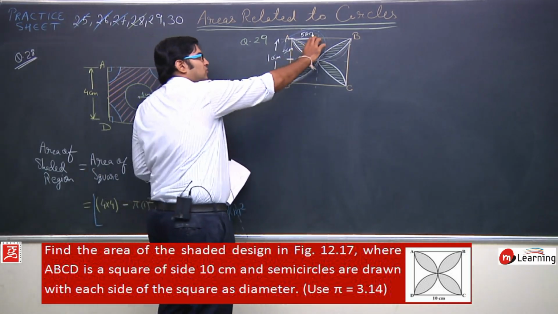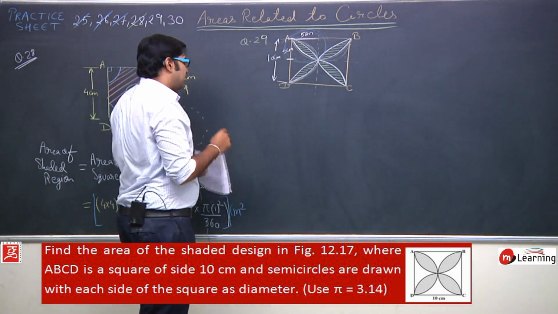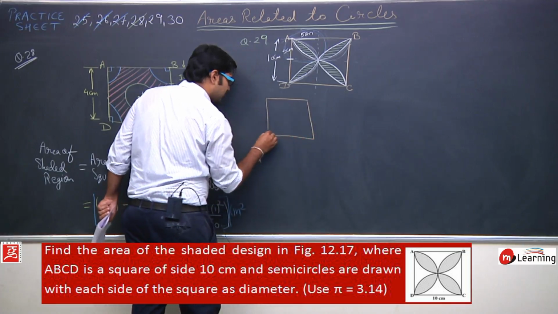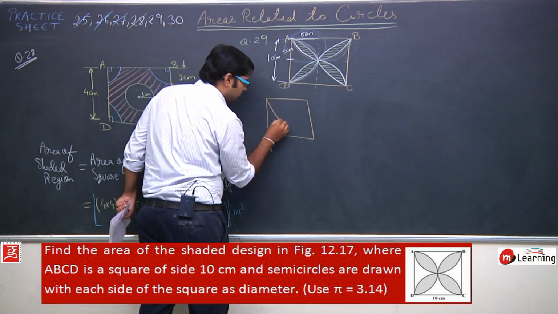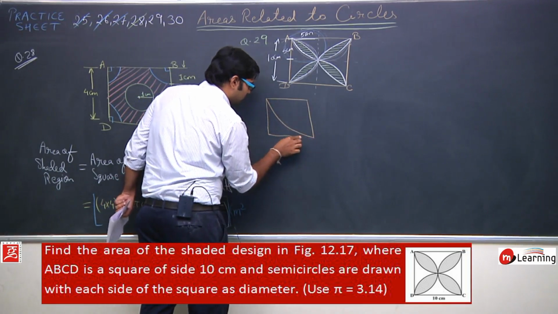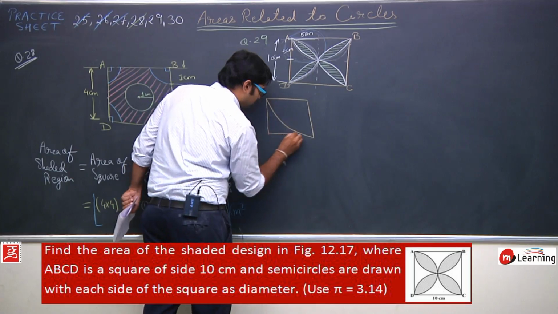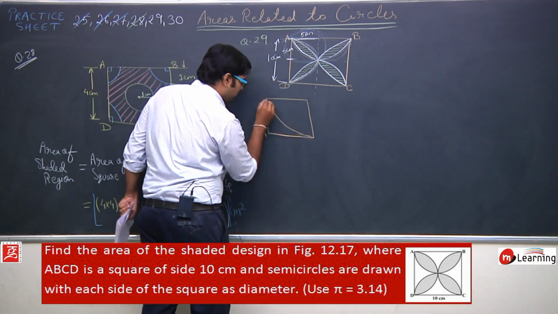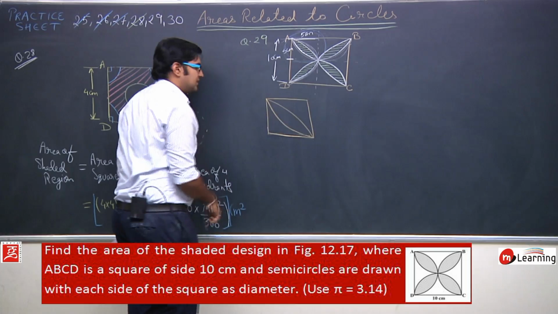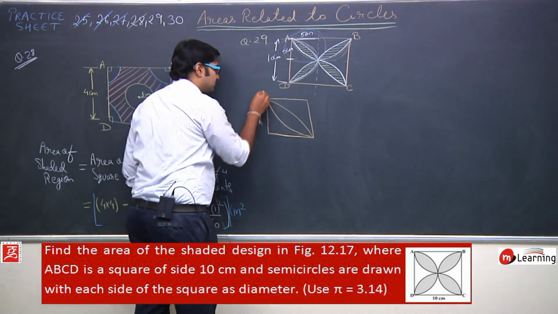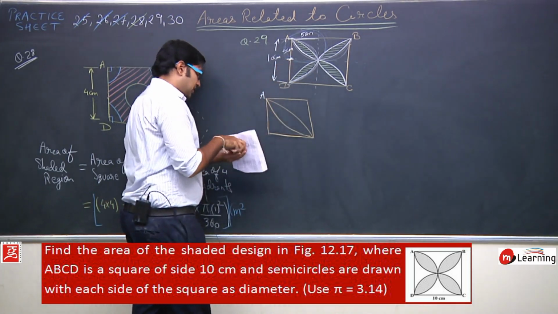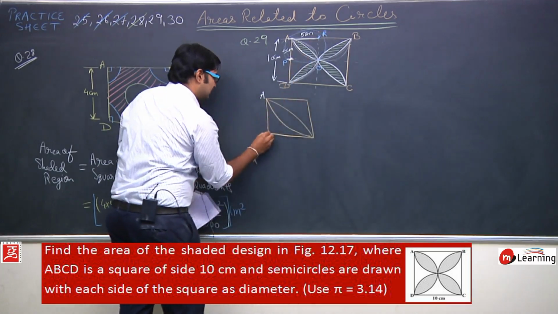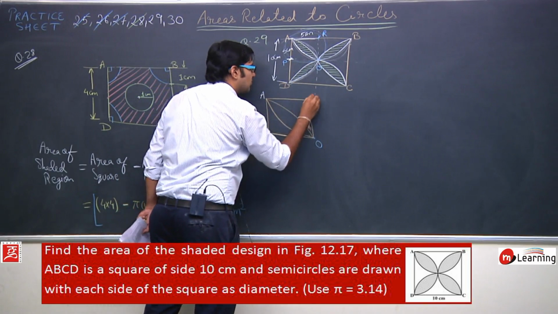So if I magnify only this much part, I will be able to observe that my figure is something like this, where this is A. Let us name these points as P, O, and R. So this is point P, this is point O, and this is point R.